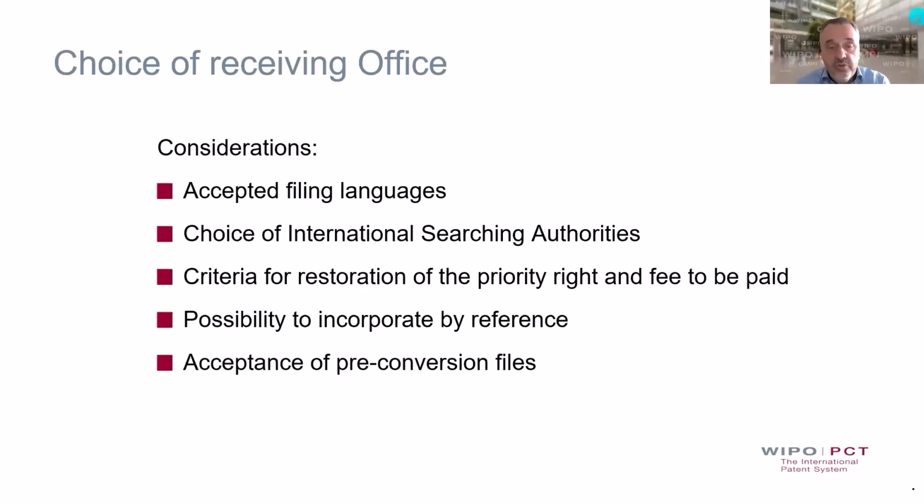So add those Word files as well, because if you can show afterwards that there was a conversion error, then you are allowed to go back to your Word document. So that's a good safeguard as well. Not all offices accept pre-conversion files, even though most offices now do, but there might also be a consideration in terms of choice of receiving office.